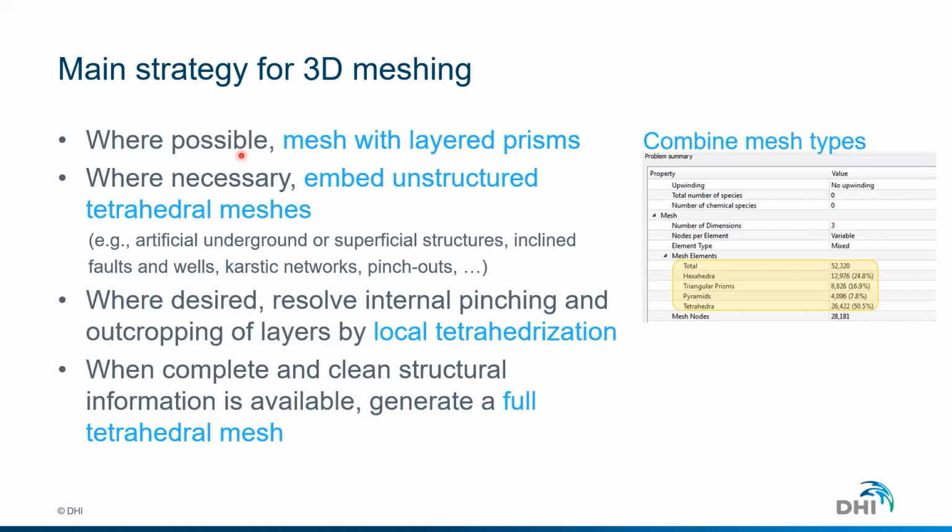And if you have a clean structural model coming from the geological software or from any 3D software that allows you to build the structure of the model, then you can import this model into FEFLOW, and then we build a 3D fully unstructured mesh.